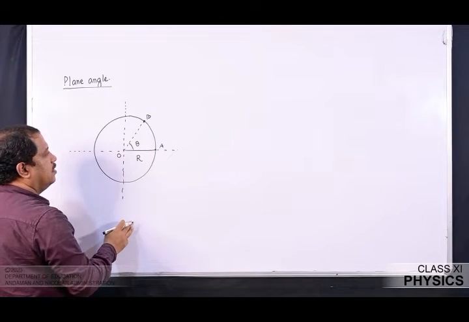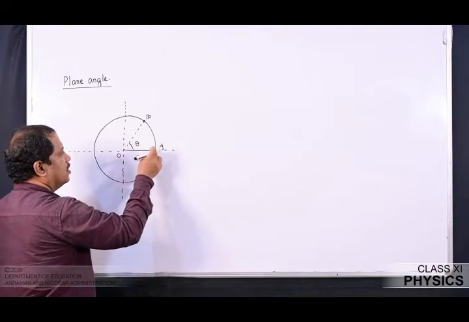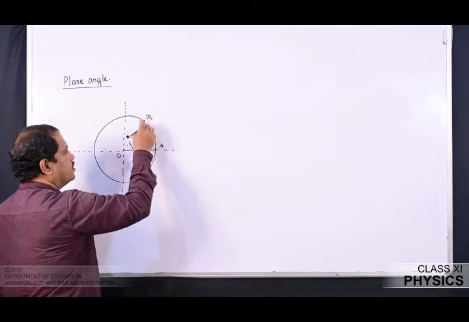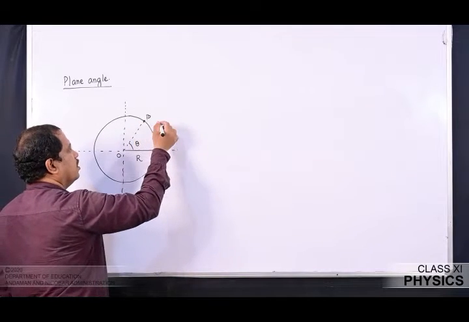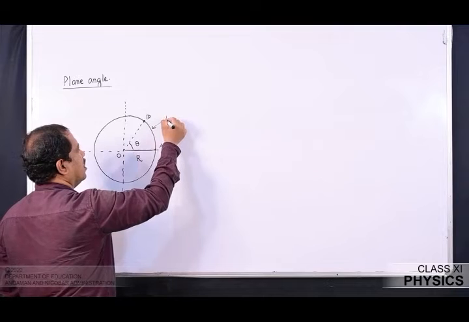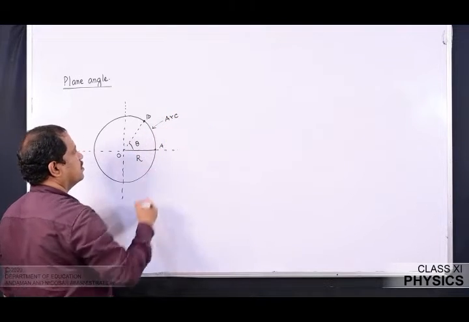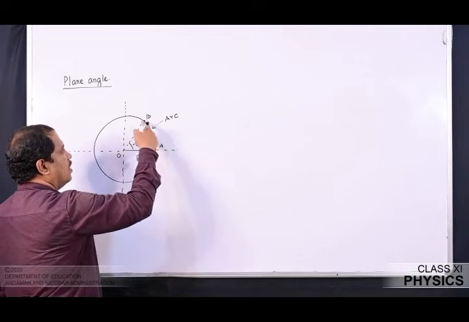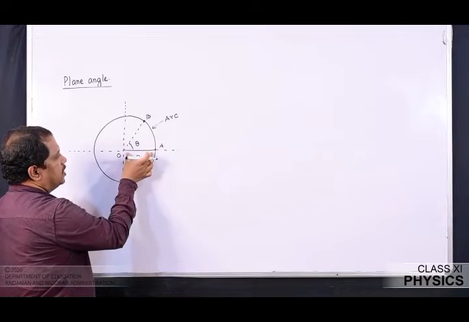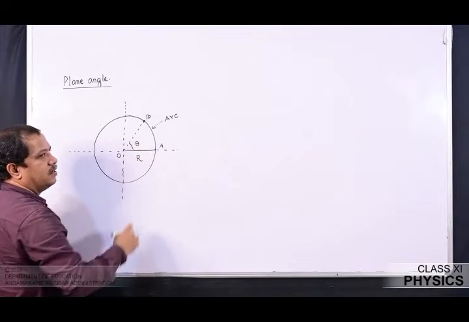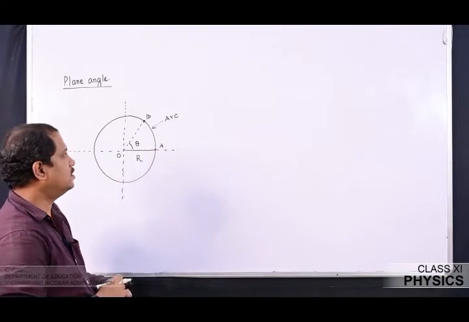So, what is an angle? Angle is nothing but, now you see the path through which the particle has moved from A to B, I am going to call this one as arc. You are familiar with this. So, this length of arc, if I divide by the radius, then I am going to get the physical quantity I am going to call plane angle.